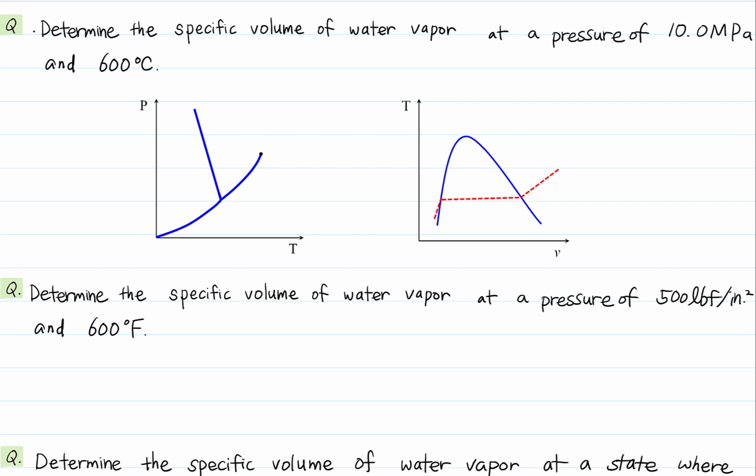Determine the specific volume of water vapor at a pressure of 10 megapascal and 600 degrees Celsius. Assuming this is a simple compressible system, two independent intensive properties fix the state. So pressure and temperature are given, so we can fix the state. That means we can determine the specific volume of water vapor.